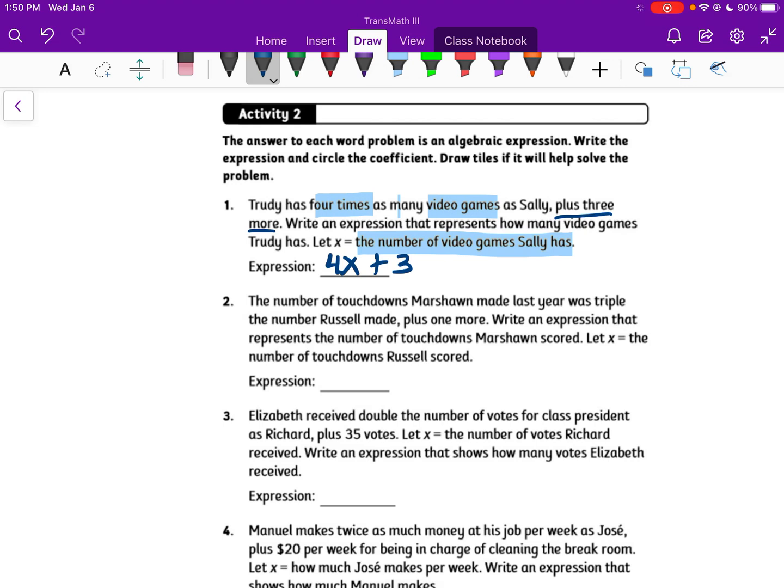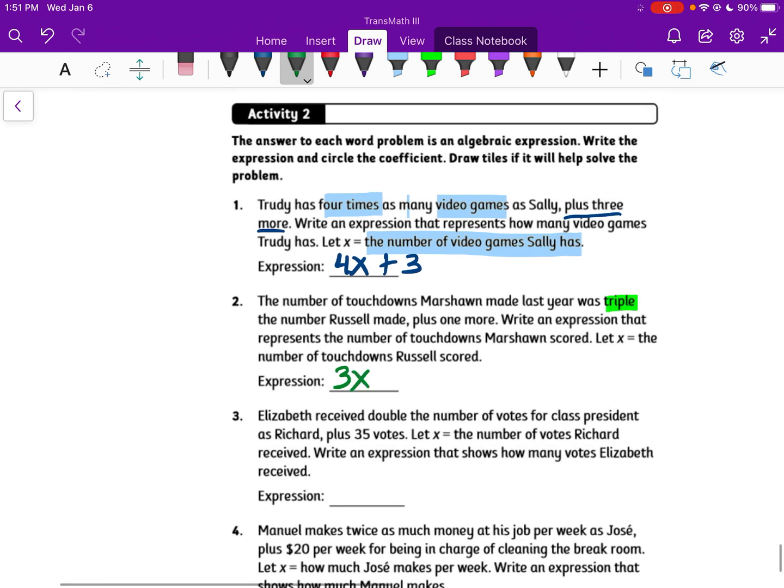Now, number 2, the number of touchdowns Marshawn made last year was triple the number Russell made. Okay, so the important part there, triple. So in that case, 3 times the number of touchdowns Russell scored, which is x, so 3x, and then plus 1 more, so plus 1.